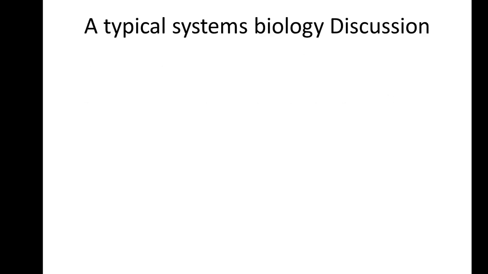So now let's see how you can structure a discussion section in a systems biology project. As you probably have noticed by now, I like these mind maps. So let's have the discussion in the middle, and then let's see how we can have various components and structure them.